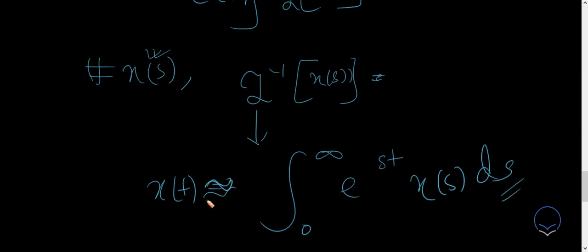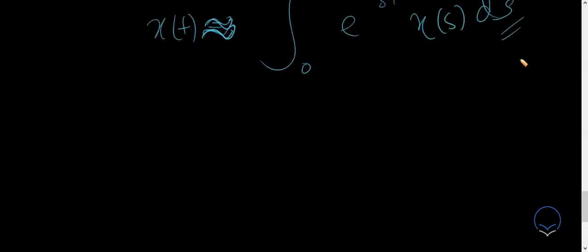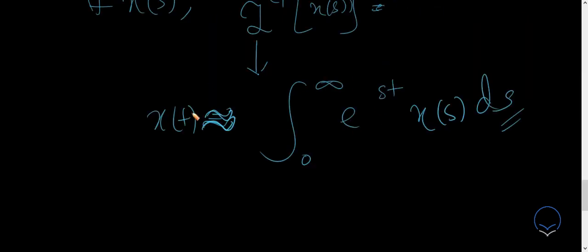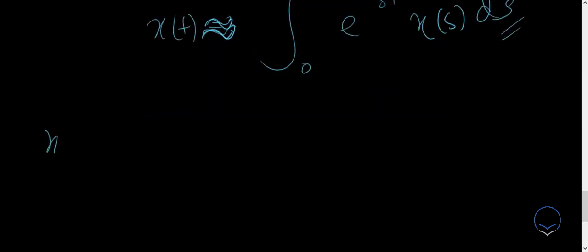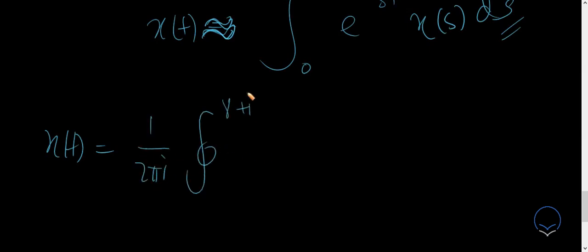However, the reason I'm putting this approximate thing is because the inverse Laplace transformation is actually defined via a contour integral that is called the Bromwich contour and the Bromwich integral. So if I write this whole thing down right now, it will actually look something like this. This X of t will actually be 1 upon 2 pi i, some contour that will look something like this.